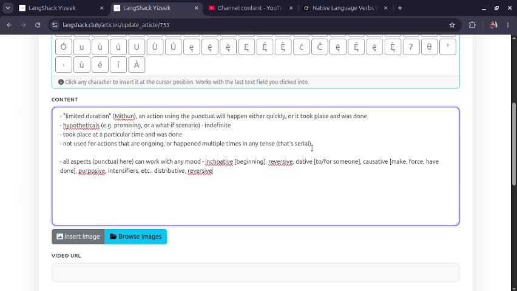So in this punctual, some general rules that we have to consider deal more with specific points in time.